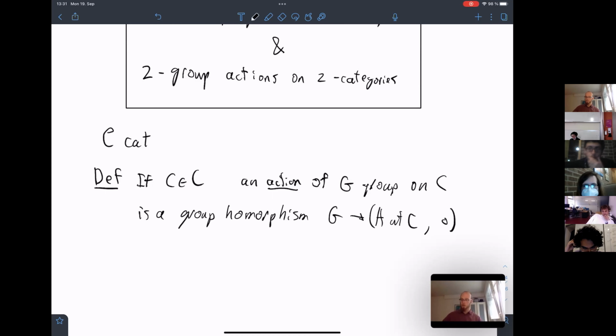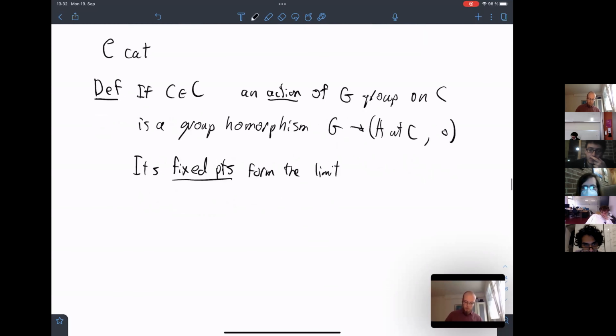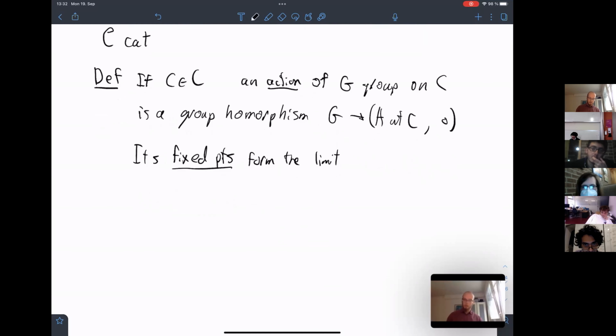And what are the fixed points? So the set or the objects of all fixed points, they form a limit. And which limit? Well, it's some sort of limit over the diagram consisting of this group homomorphism.